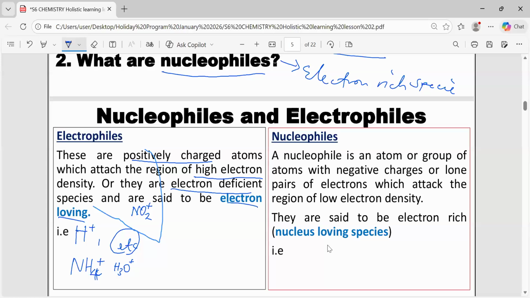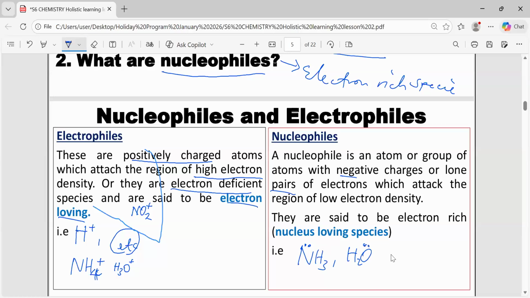Can ammonia work? Ammonia, it has a lone pair of electrons. You recall here they say a group of atoms with negative charges or lone pairs of electrons. So even ammonia works. Water, good, with some lone pairs of electrons.